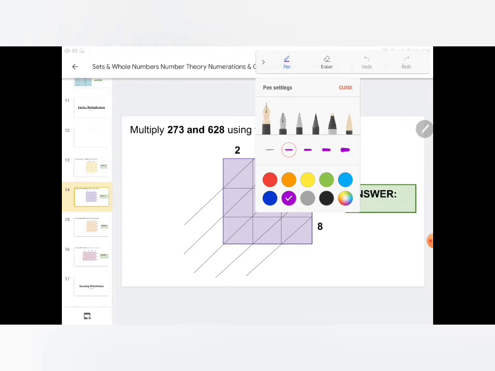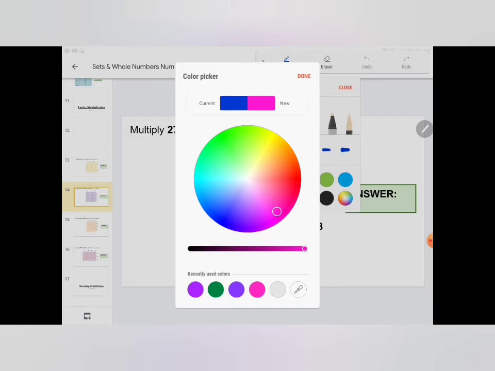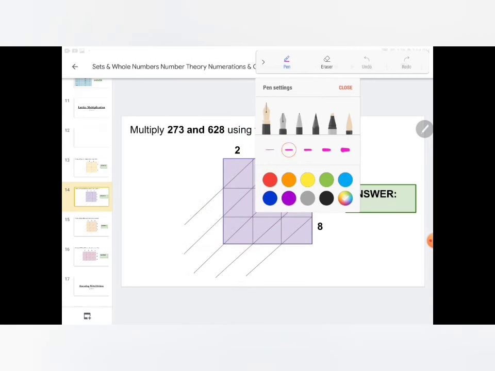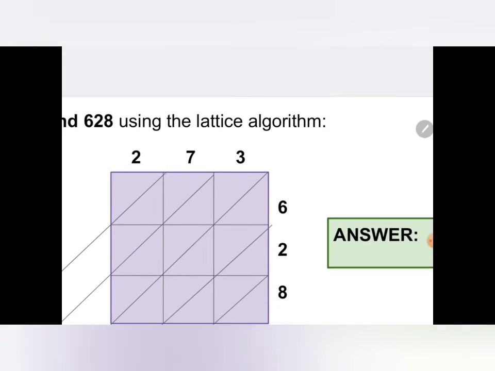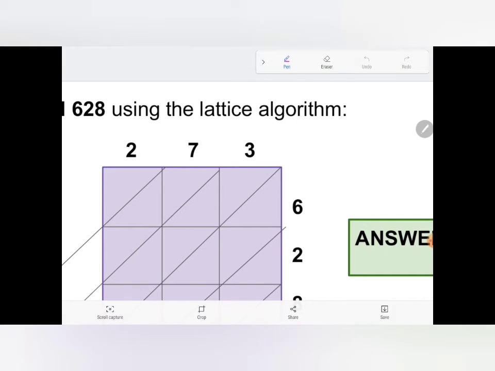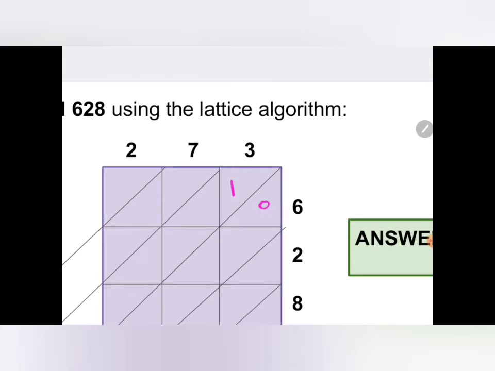I'm going to switch colors just because this is purple. Let's actually do some pink. I think that's a little exciting. We're going to do 3 times 6, which is going to be 18. So we're going to put 1, 8.